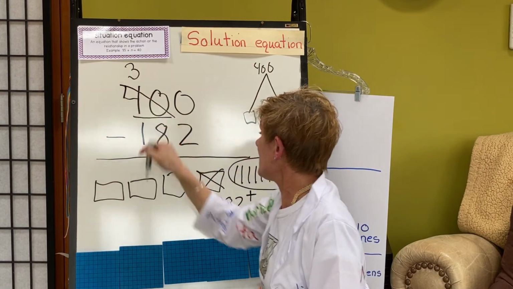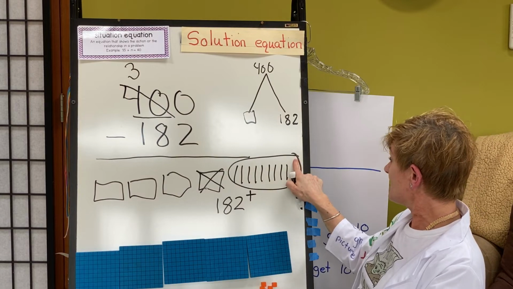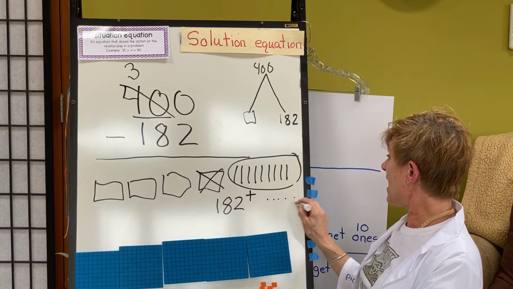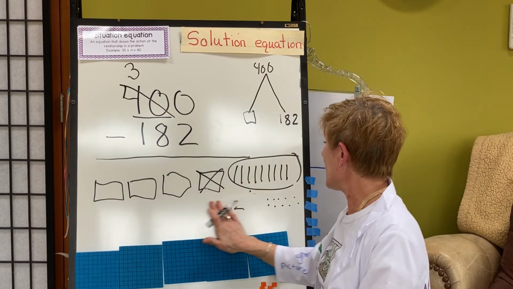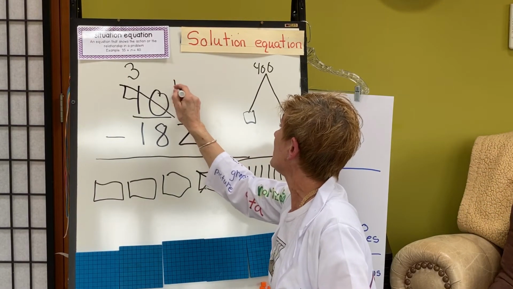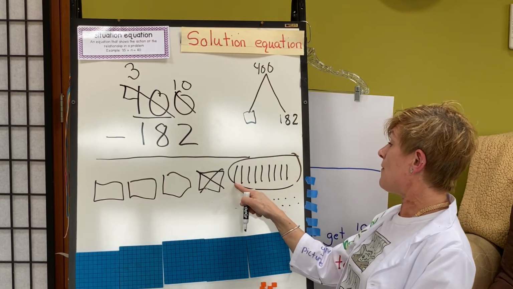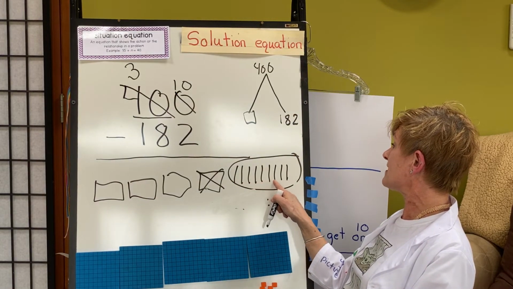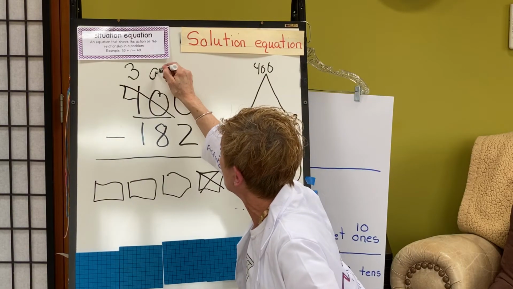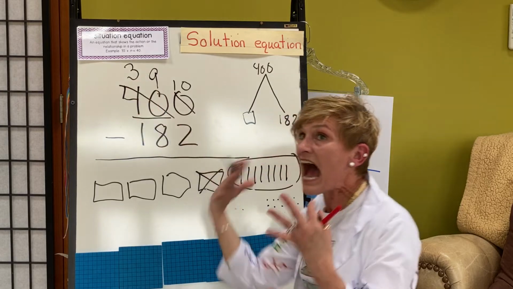I'm going to go 300. I'm going to take one of these tens. 1, 2, 3, 4, 5, 6, 7, 8, 9, 10. And I'm going to take that 10 and I'm going to put it right here. I still have 300, but now I have 1, 2, 3, 4, 5, 6, 7, 8, 9 tens. Yeah, I have actually 39 tens.